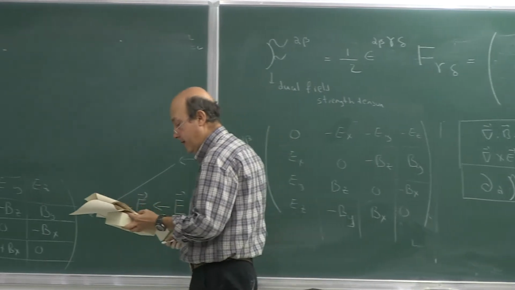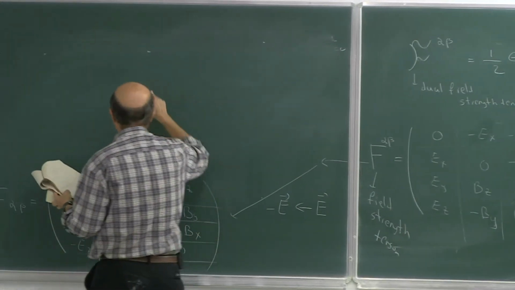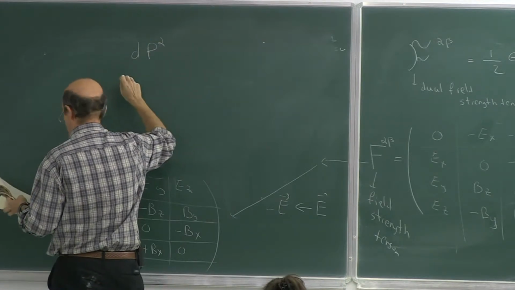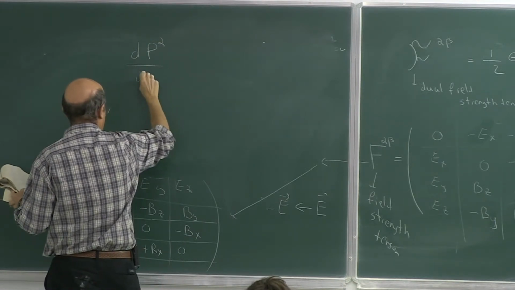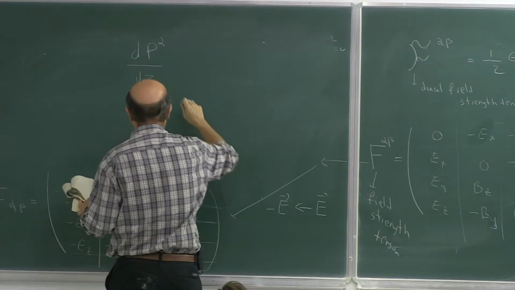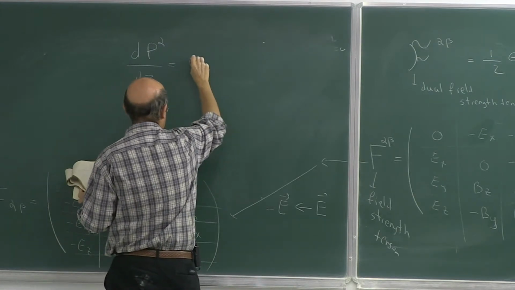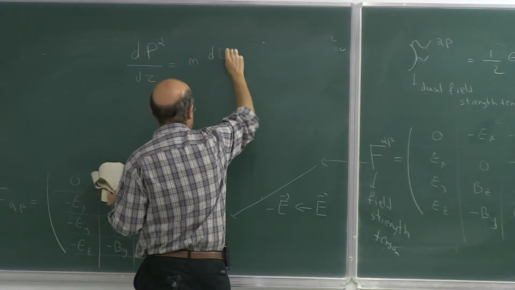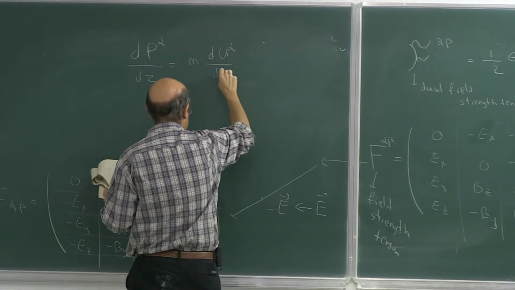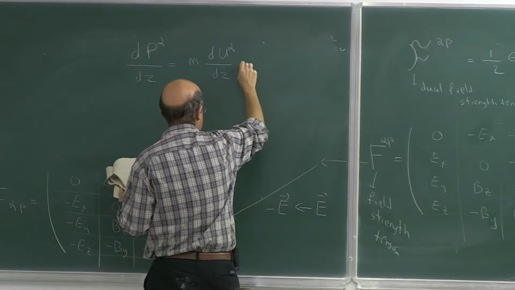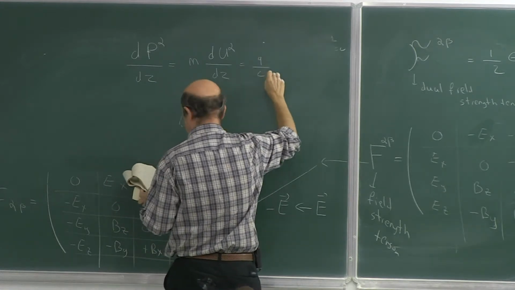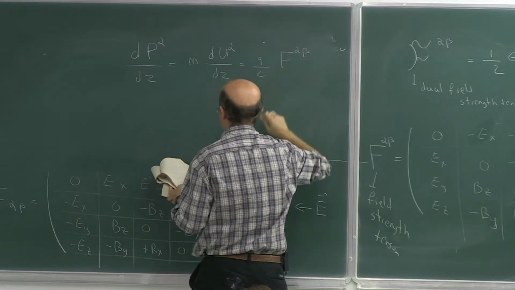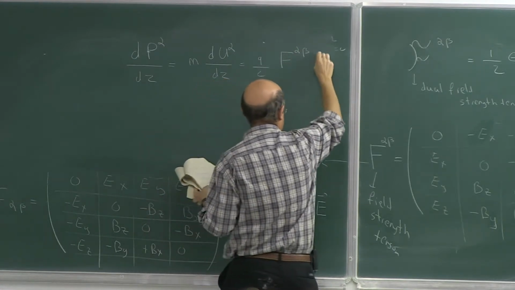So in covariant form, dp alpha over d tau, mass times the proper time derivative of the four-velocity, is q over c F alpha beta u beta.